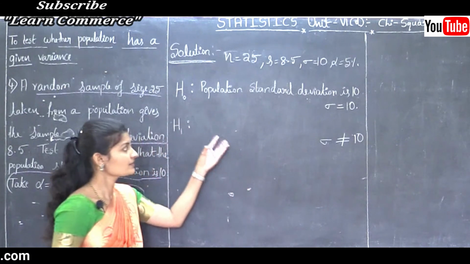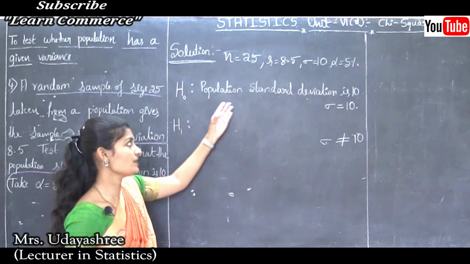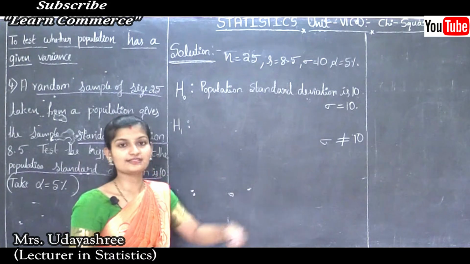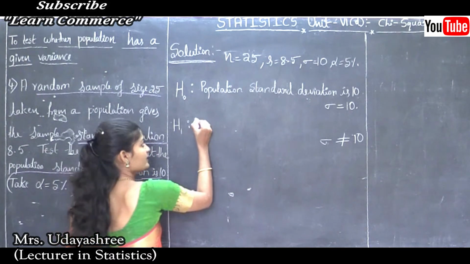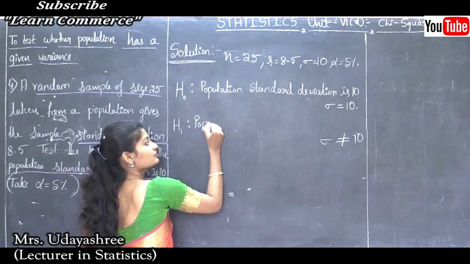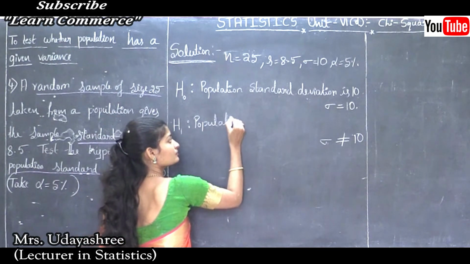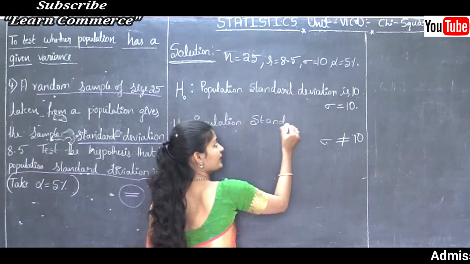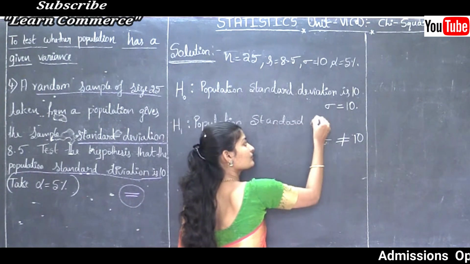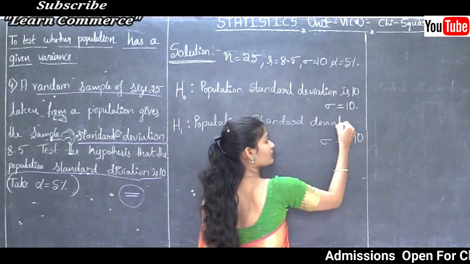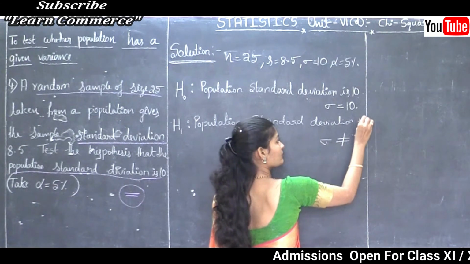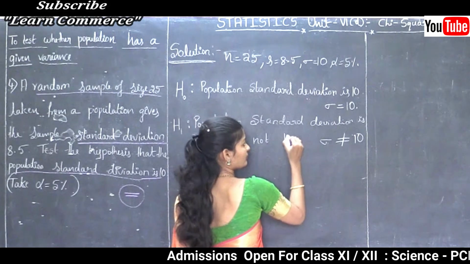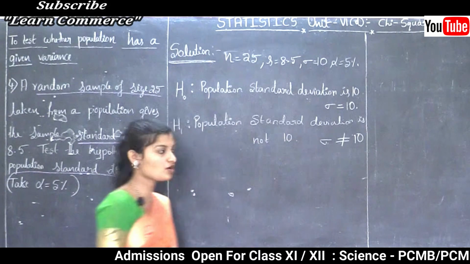The sentence is: population standard deviation is not 10, that is sigma is not equal to 10. So H1 is sigma not equal to 10.